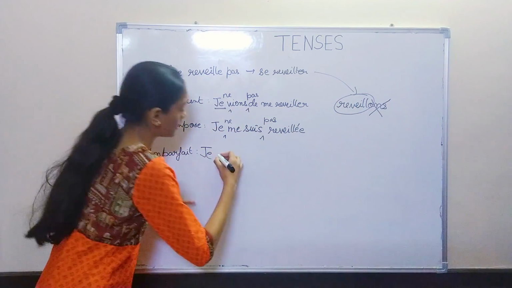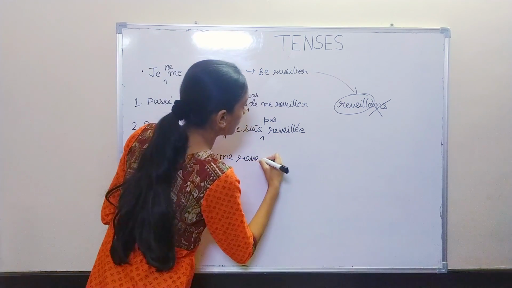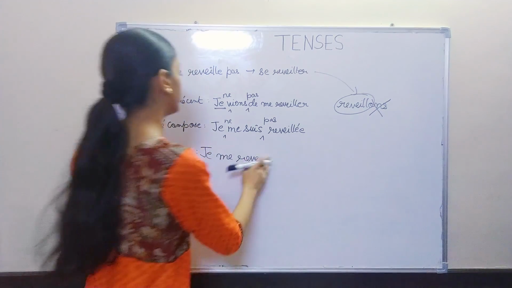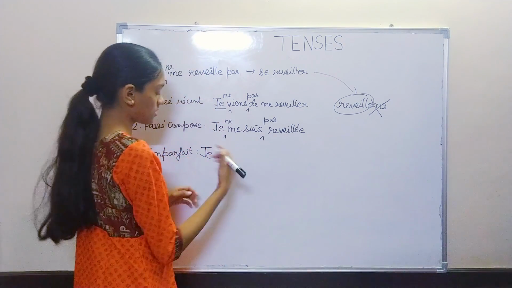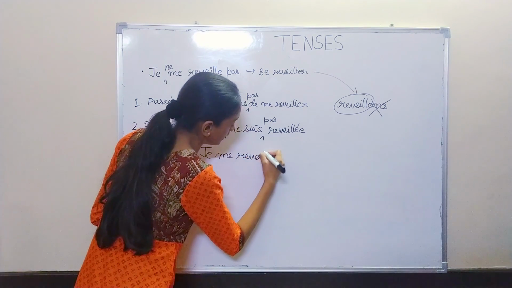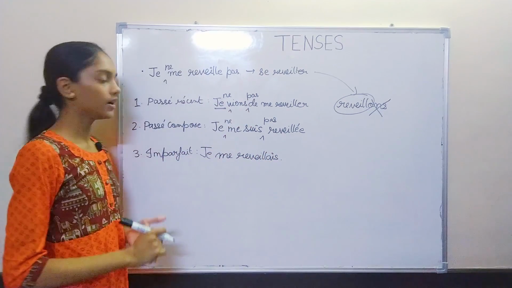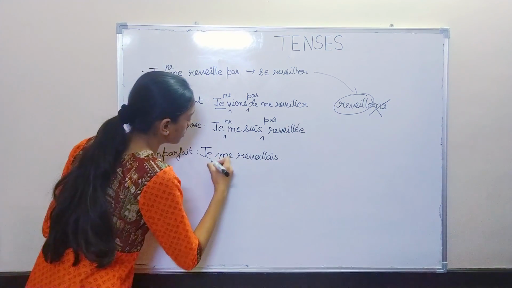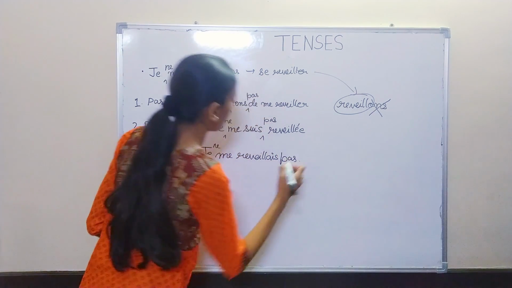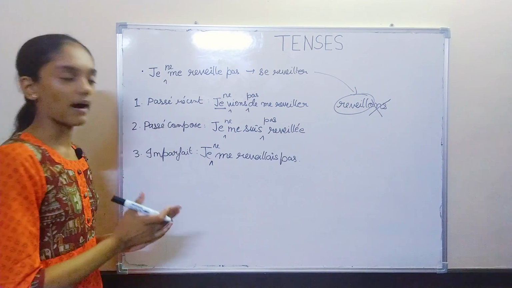So before that we'll place me, so je me réveillais. Okay, and negation would be je ne me réveillais pas. So this is how you do it for the past.